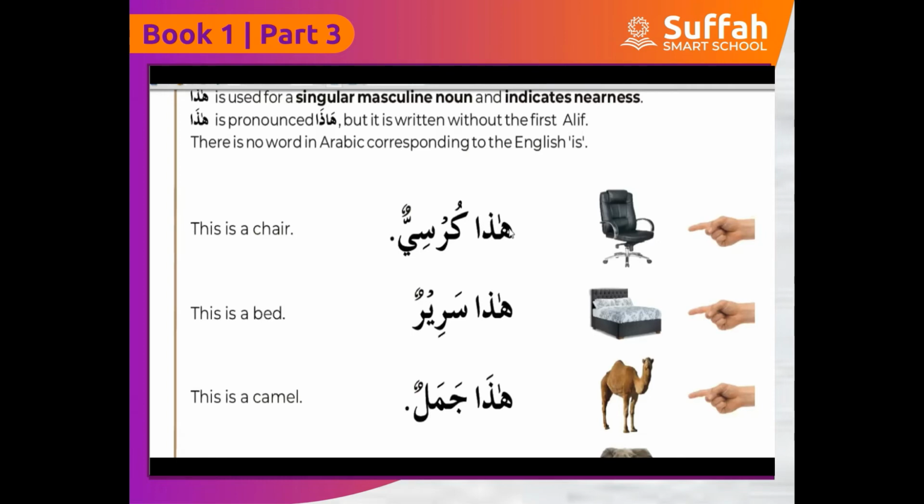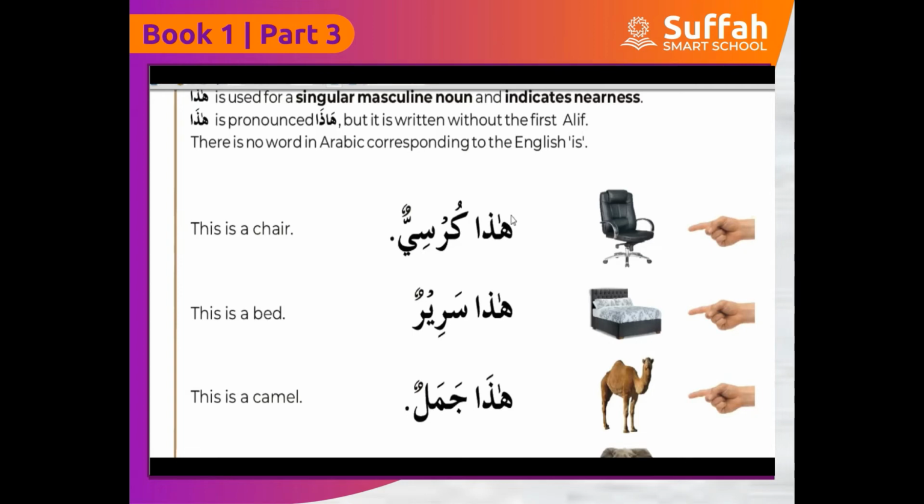Hada kursiyun is a group of 2 words, and it gives complete sense. The sense is this is a chair. So it is a group of 2 words giving a complete sense. That is why it is a sentence. This is a chair.